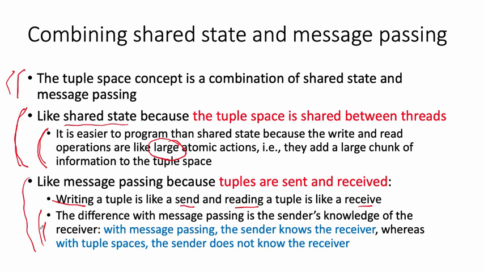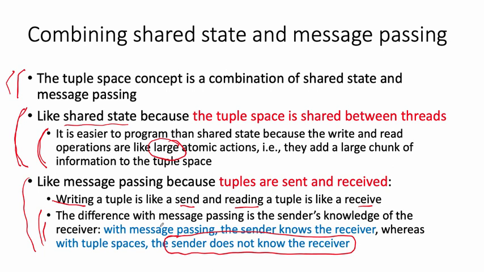This is very interesting. In a regular message sending, I send to a destination a message. I send to an active object or port object. But here, I send, but I don't know who is the receiver. The receiver is unknown to the sender. So the difference with message passing is that the sender does not know the receiver.